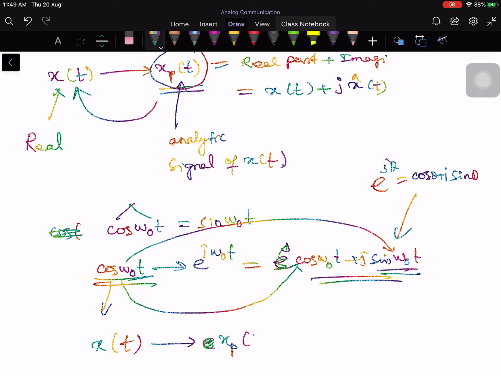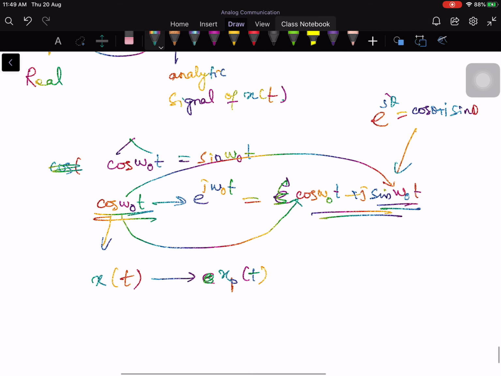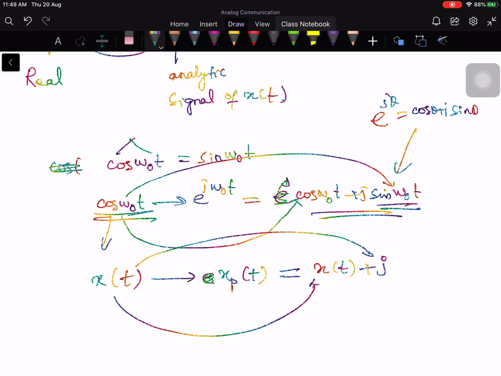It's a simple notation, that's it, xp of t, which is equal to the same x of t plus j times its Hilbert transform. So this is the analytic expression. The reason why I put the suffix p here, I will tell you a little later. Okay, there is a reason why we use this p here.